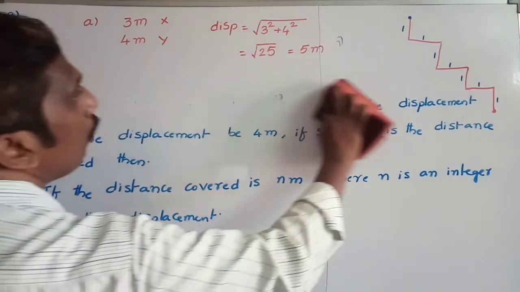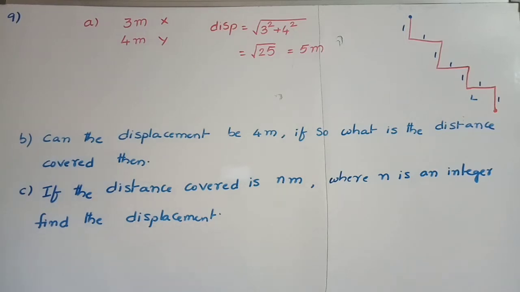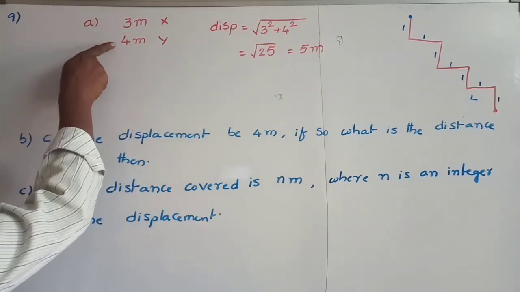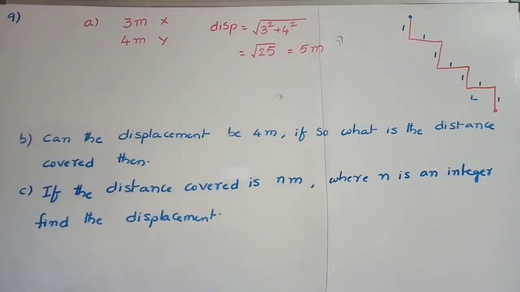Next, in bit B, can the displacement be 4 meter? If so, what is the distance covered then? If we observe, on the x-axis 3 meter, y-axis 4 meter he traveled, displacement is 5 meter.